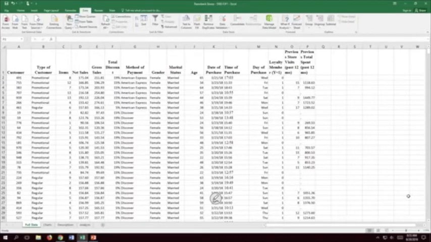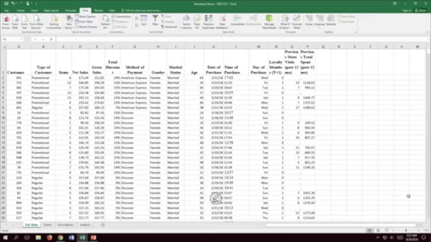We have a customer number. We have the type of customer. The idea behind this data set is that we've run some type of promotion. We've mailed out promotional flyers to a subset of our customers. They're labeled as a promotional customer or a regular customer, which means they just came in off the streets and don't have our promotional flyer.